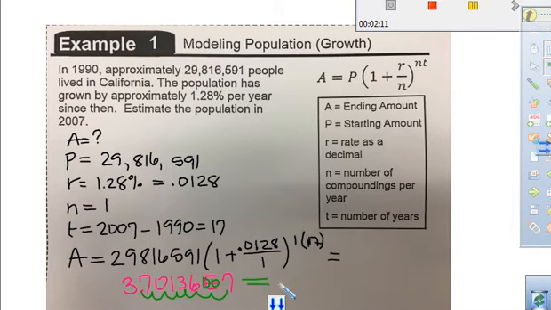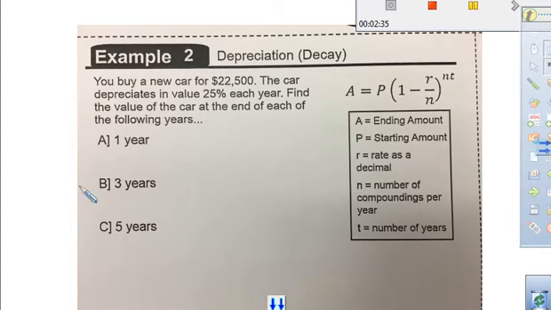So really my approximate solution is 13,600 people. As a general rule, it helps if you remember to add your units so that you know what you're talking about. Alright, let's look at example number 2.